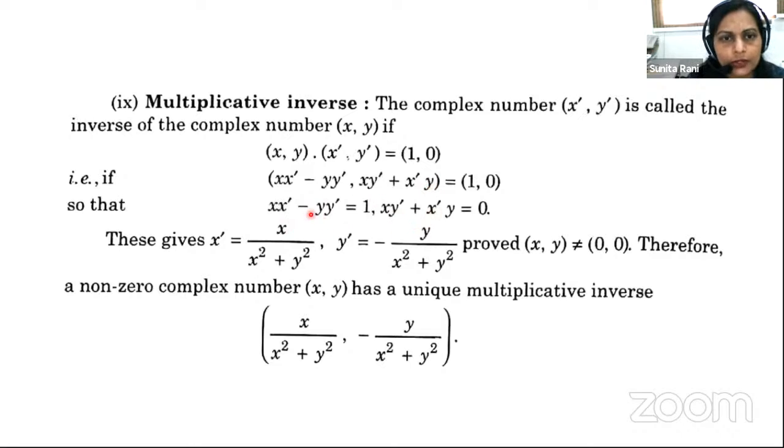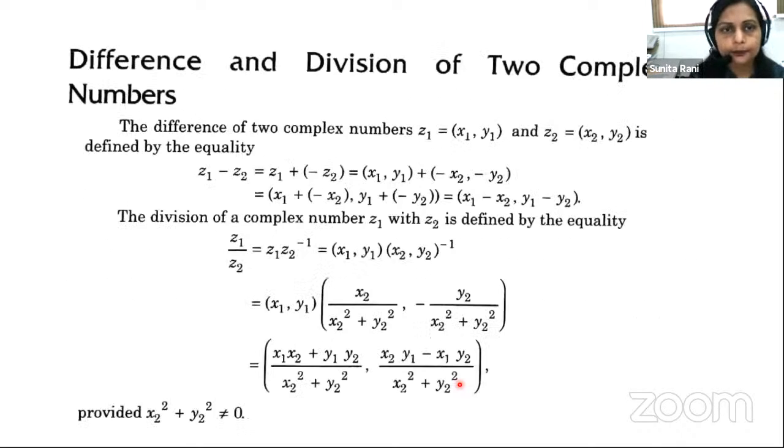We get two equations, and after solving these equations we get x dash and y dash. These are the inverse of the complex number (x, y). So x dash is equal to this and y dash is equal to this. We can say that this is the multiplicative inverse of a complex number. Multiplied with the complex number, we get the unit complex number.